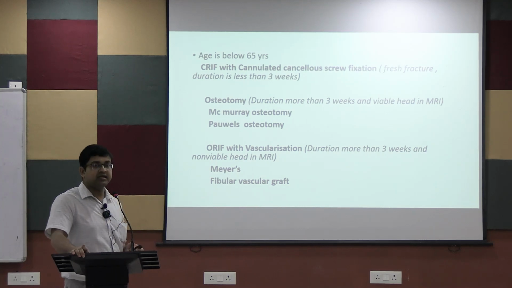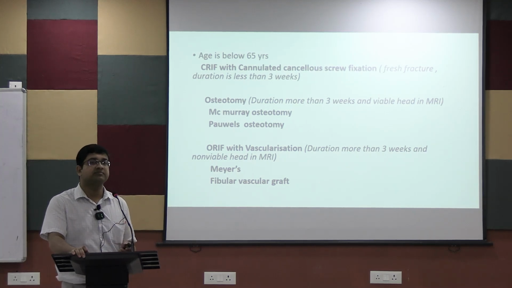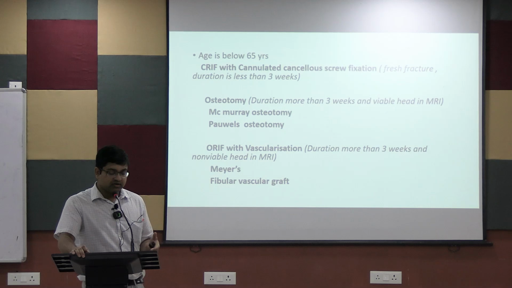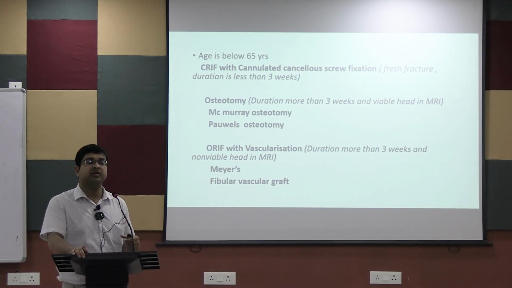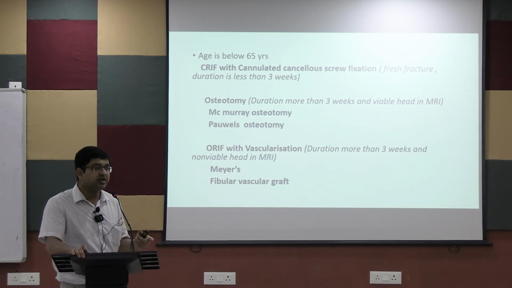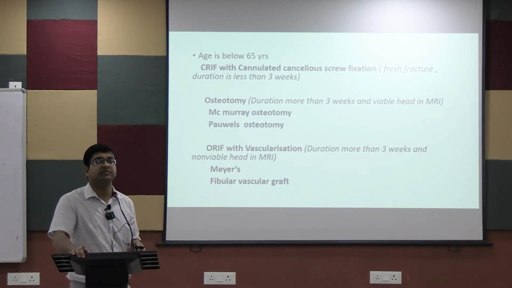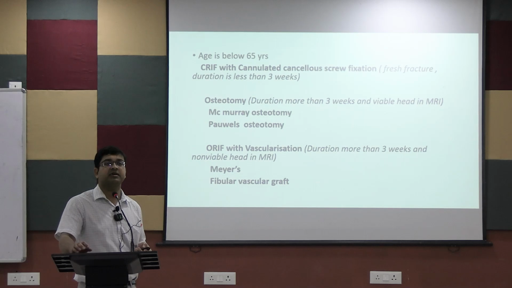Achha, if the age is less than 65 years, your aim or principle of treatment is to preserve the femoral head. You have to preserve the femoral head, because কেন preserve করতে হবে আমাকে?